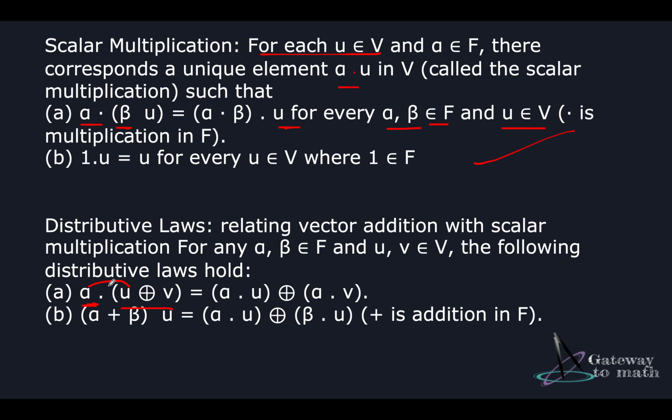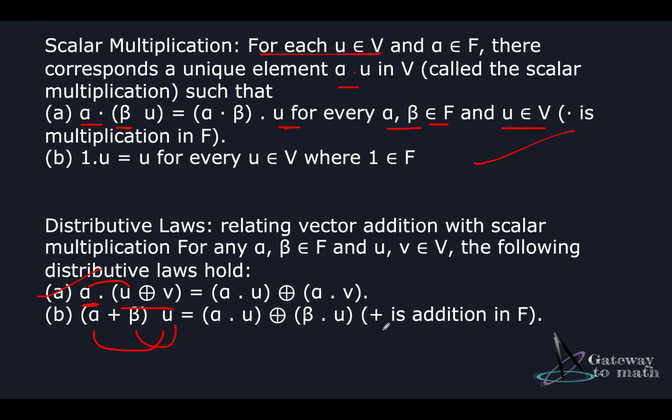So this property holds good too, and this is called the distributive law because you're distributing the multiplication over the addition. Similarly here, if you have two scalars and one vector and you're adding the two scalars, you can multiply the first scalar with the vector and then add the second scalar multiplied with the vector.